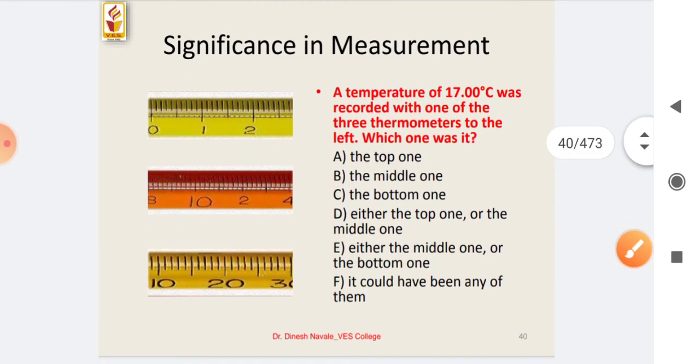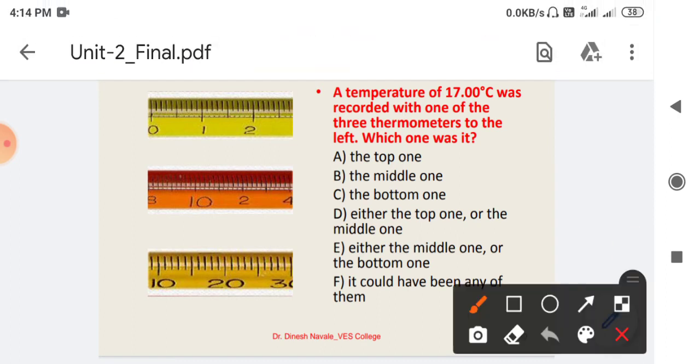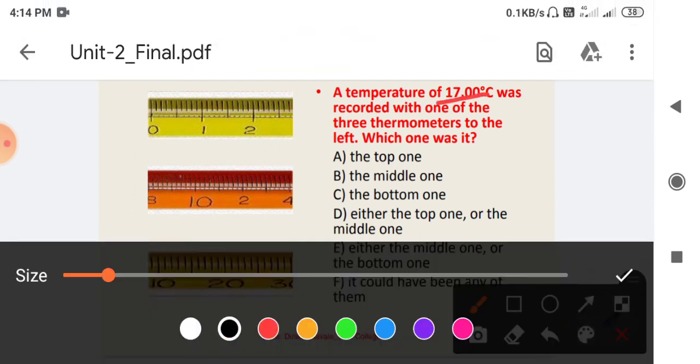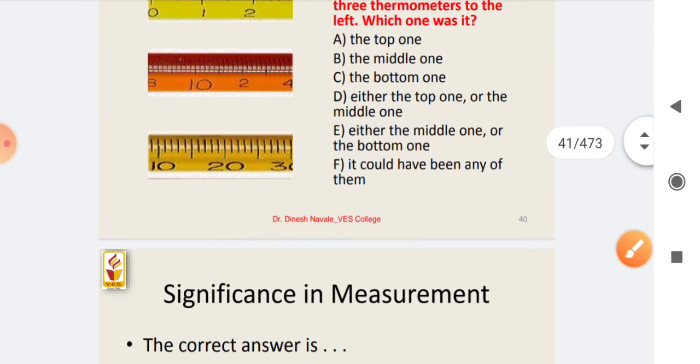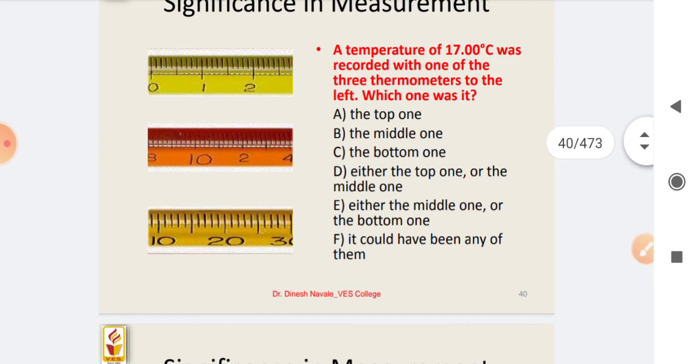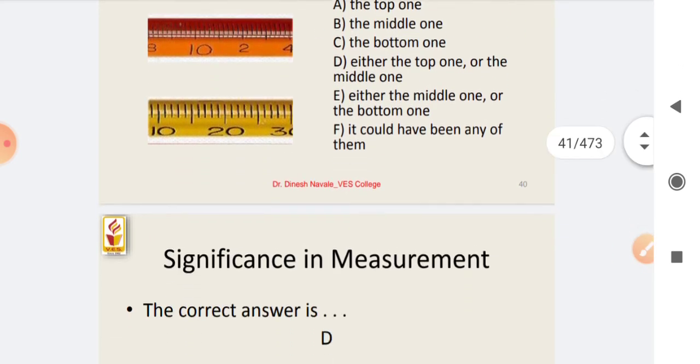Now consider the next example. Here we are given three thermometers, and we have to report how we can estimate a 17.00 degree centigrade temperature accurately. There are various possibilities: the first one, the middle one, the last one, first and second, second and third, or only the last one. The results obtained from thermometers 2 and 3 are quite good.